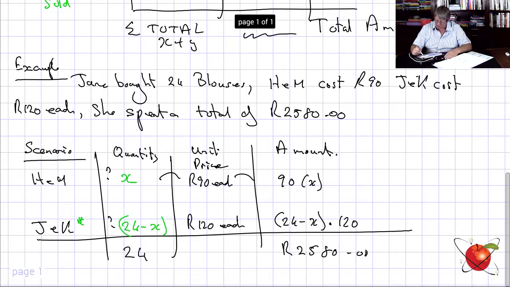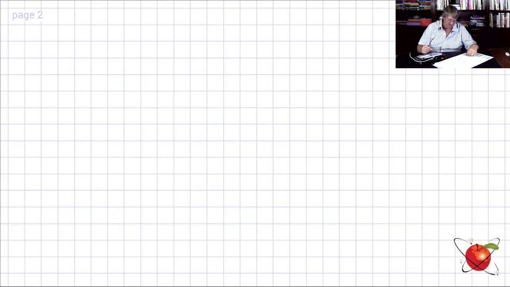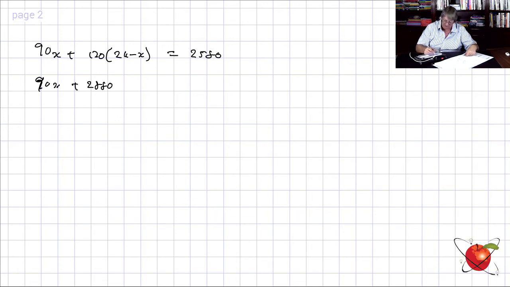My next step is going to be to put them equal, because I know that 90 times X plus 120 times 24 minus X is going to be equal to 2580. So I multiply out and simplify: 90x plus 2880 minus 120x is 2580.